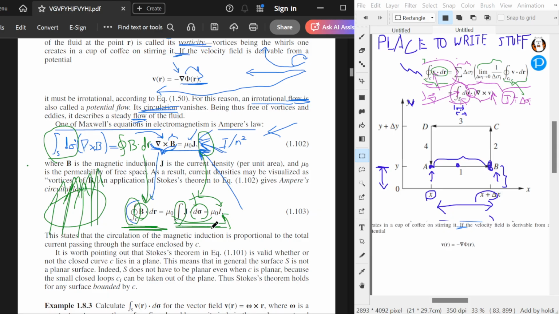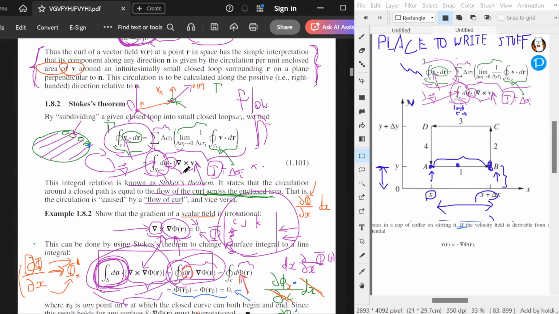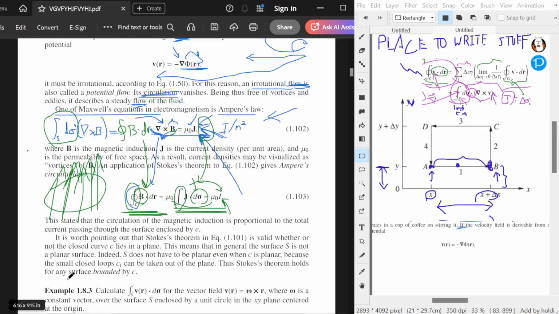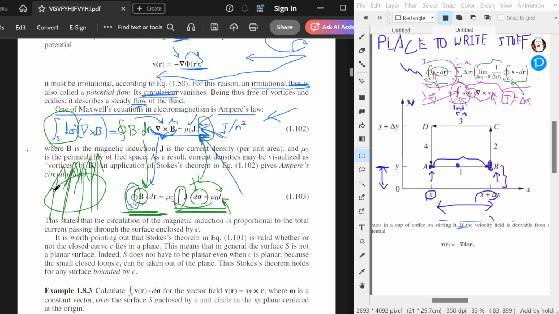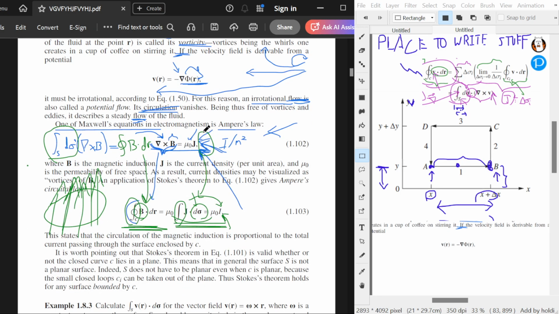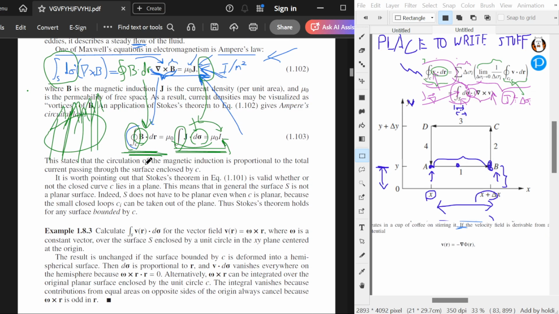This guy is a flow of the curl. So B is in the part and the current is in the surface. I think that's important to note. B is on the curve, not inside. Unless it is. Is it? The way I read this, I don't think so. But maybe I'm illiterate. That is also a possible thing to take into consideration.